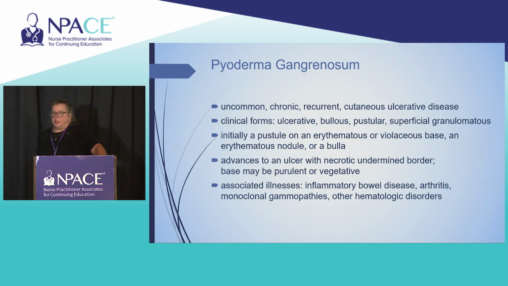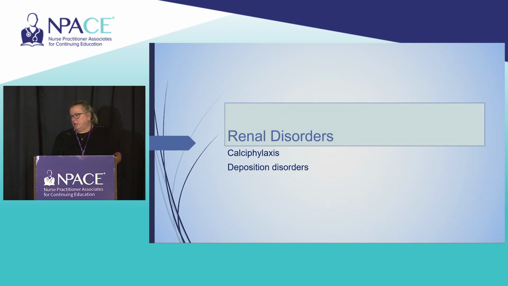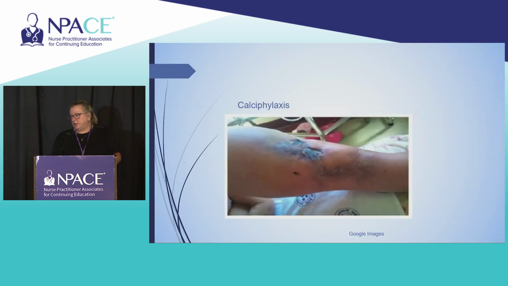So more often associated with Crohn's than with ulcerative colitis, but can also be associated with arthritis or hemolytic disorders. And renal disorders, just look at these two that are fortunately also very unusual.